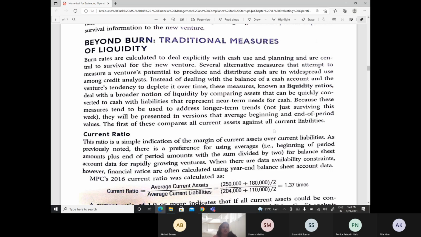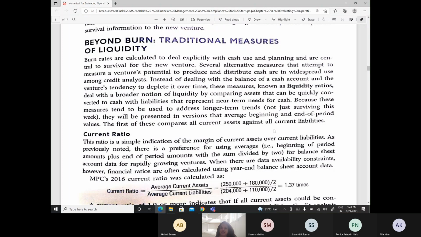Okay. So burn rates are calculated to deal explicitly with cash use and planning and are central to survival for the new venture. Several alternative measures that attempt to measure a venture's potential to produce and distribute cash are in widespread use among credit analysts.